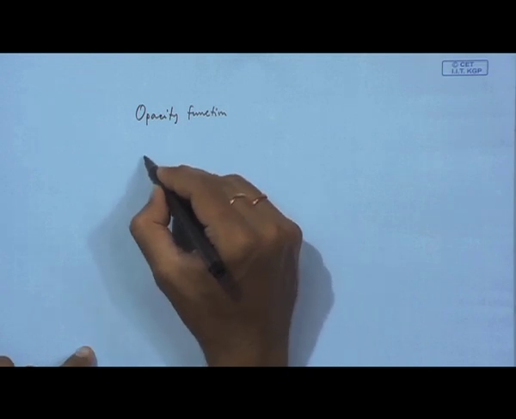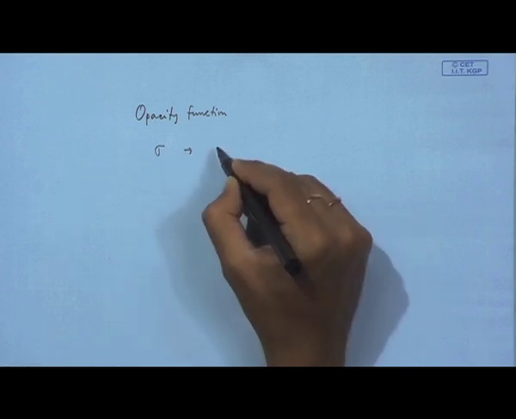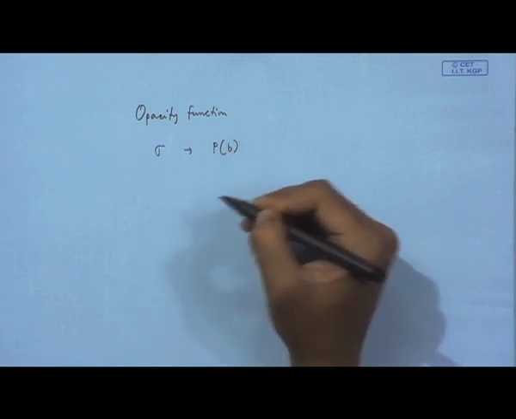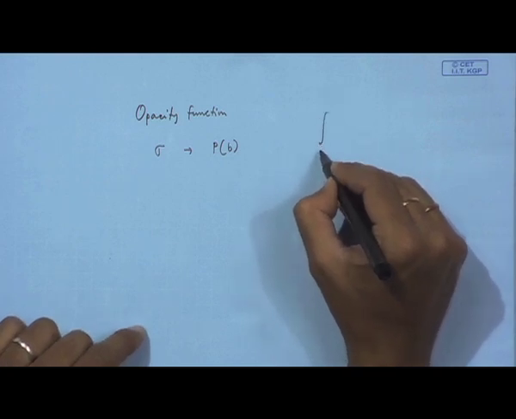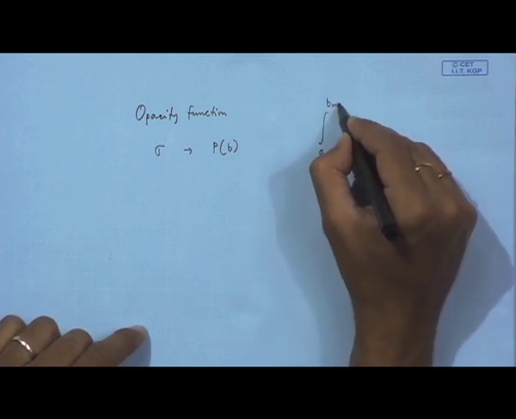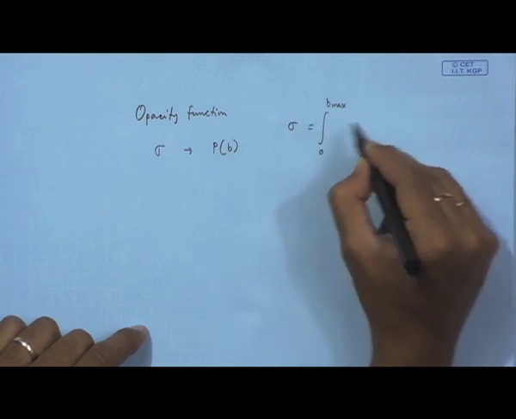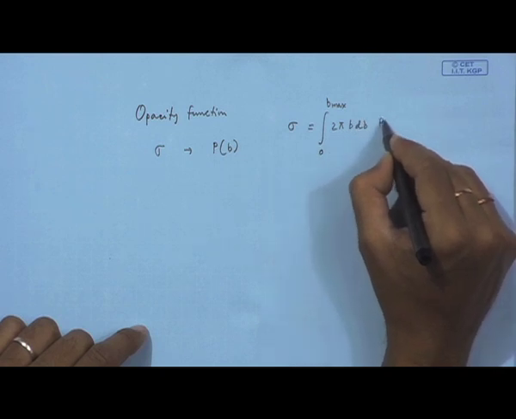So, if you determine reaction cross section sigma, it cannot uniquely determine Pb. But it determines its B weighted value. Basically it is an integration from 0 to B max of the cross section, 2 pi B dB into Pb.